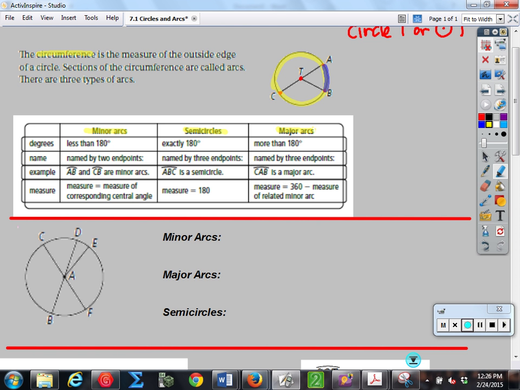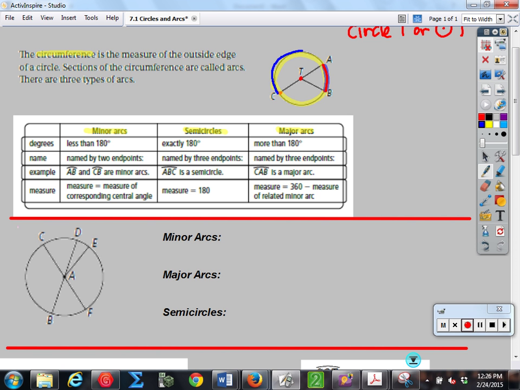And so when you name them, like this one I did right here, arc AB, when you name minor arcs, you only need 2 points. So when you see 2 points, you know for sure it's a minor arc. Because from A to B just means from this A to this B. But if I name CAB, that would be from C to A to B, and so you've got to go in the right order.